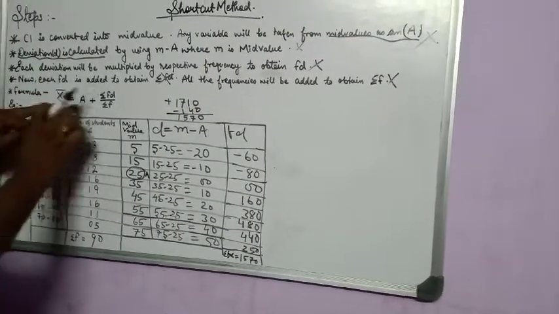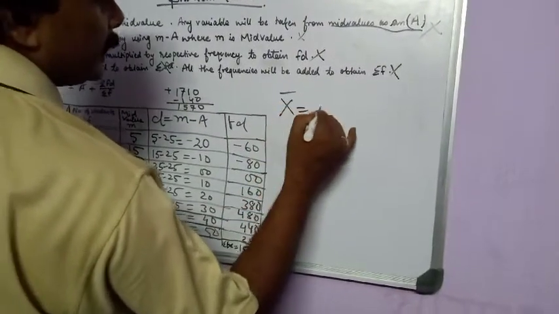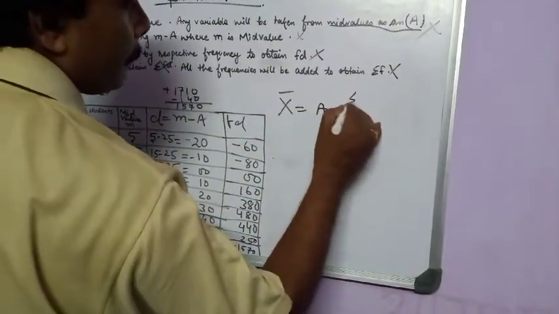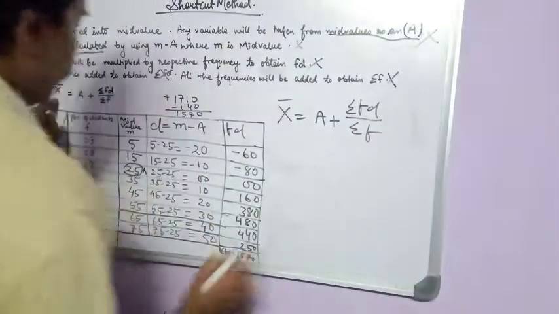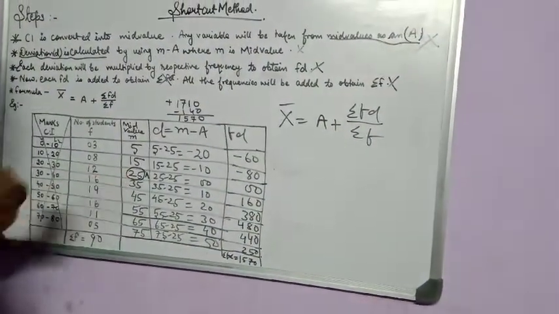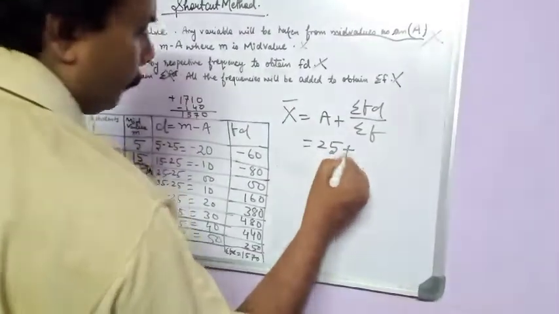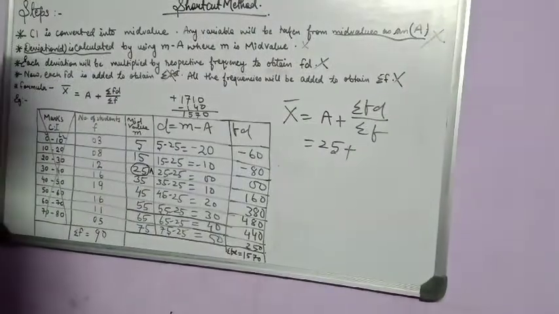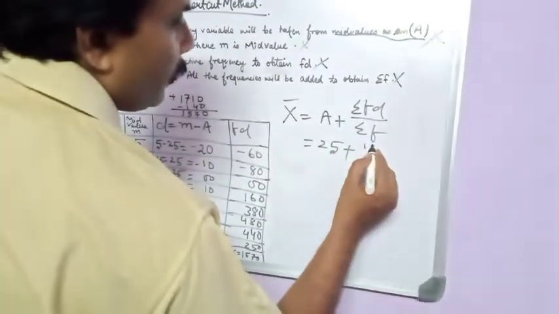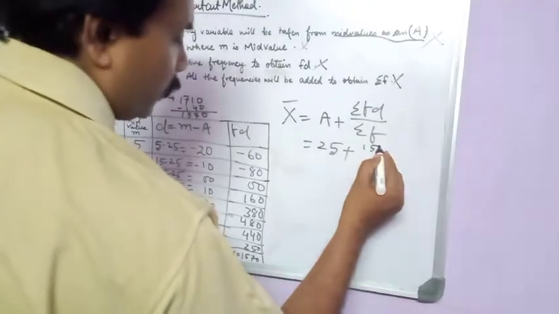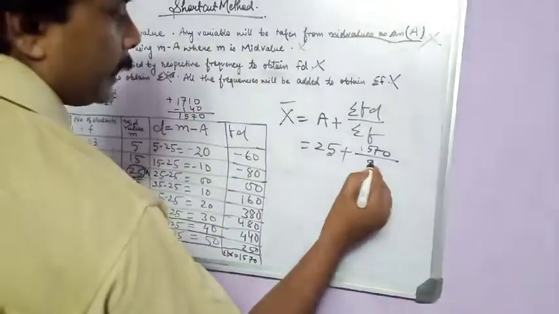Now we will use the formula. What is the formula? X bar is equal to A plus sum of FD divided by sum of F. We have taken 25 as the assumed mean, plus the sum of FD, which is 1570, divided by 90.